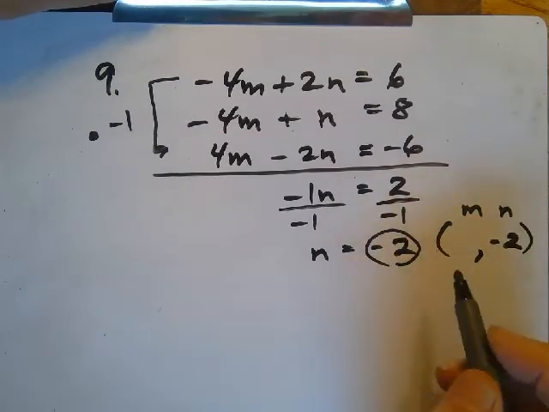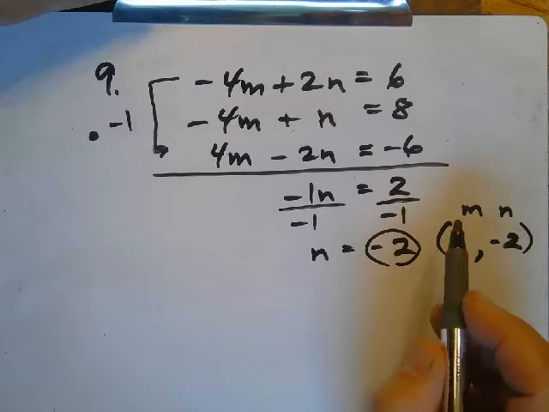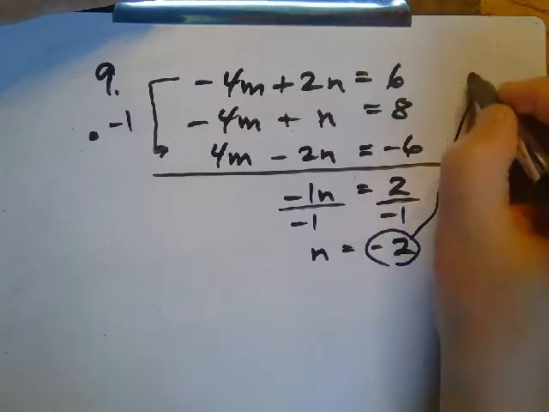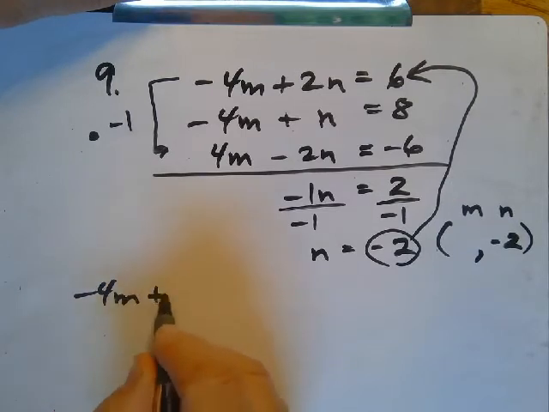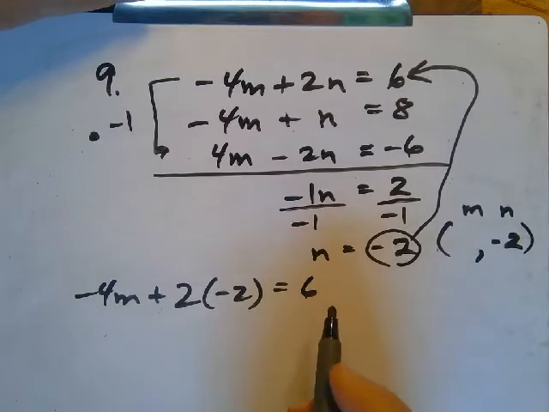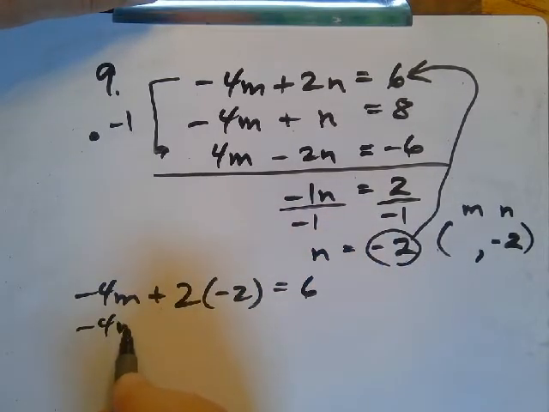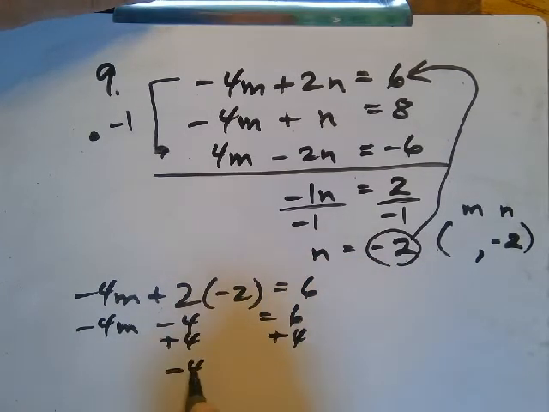Now let's take that number and stick it back into one of the equations. Doesn't really matter which one. I think I'll just stick it up in here in this one. Here we go. Negative 4m plus 2 times negative 2 equals 6. I just stuck it in there. So negative 4m minus 4 equals 6. Adding 4 to both sides.